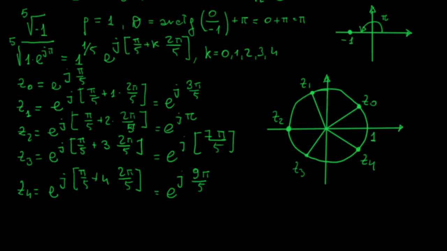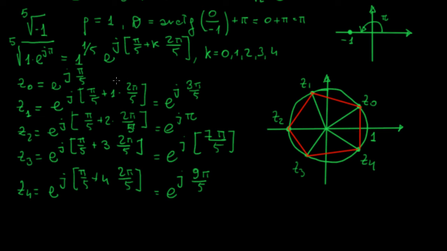And what comes out of this? Well, it comes out that we have roots that are vertices of a pentagon inscribed in a circumference with a radius of 1. And this confirms what we have said before.